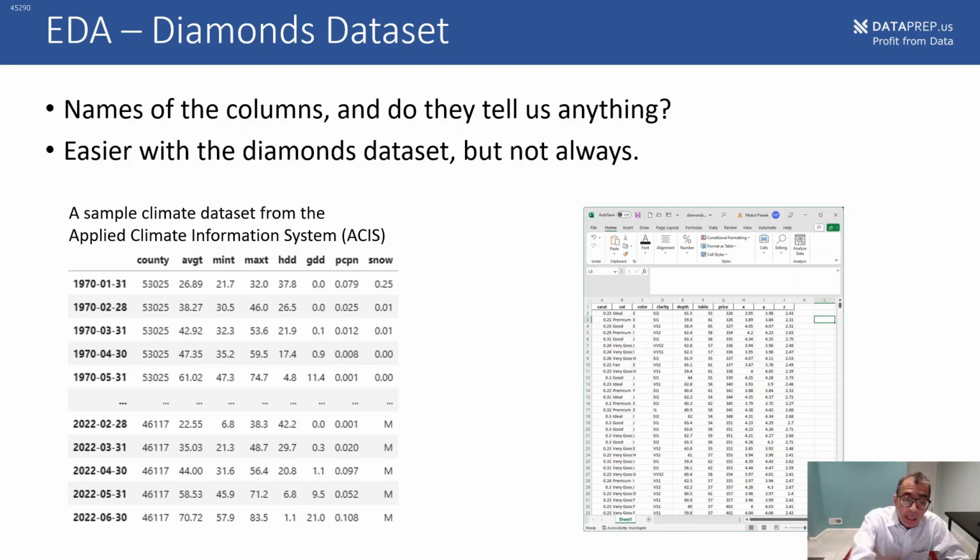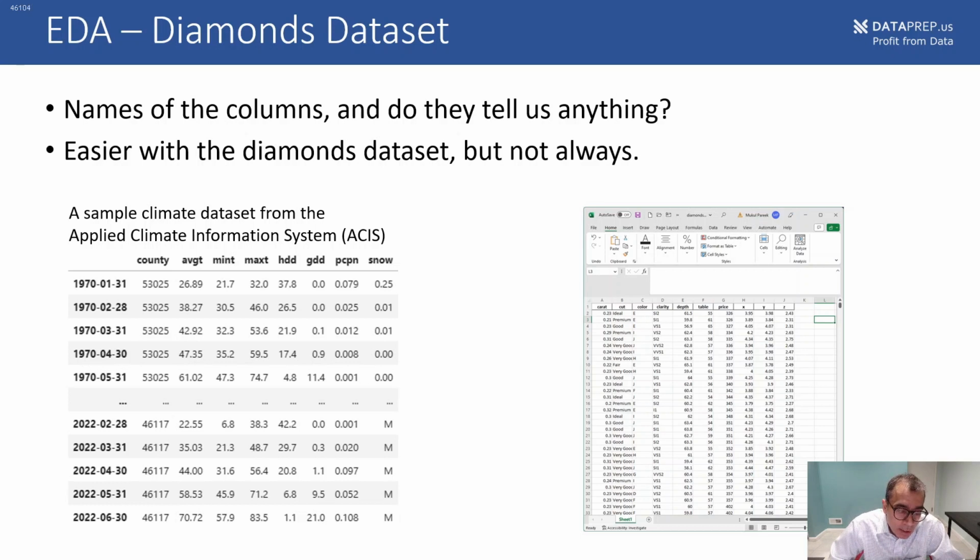As I mentioned, the names of the columns sometimes can tell us a lot about the data in them, but it is always good to ask for the data dictionary to get an understanding of what they actually contain. In the case of the diamonds data set, which appears to the right, yes, we can make reasonably educated guesses as to what the columns contain, but in some other cases, we may not be able to do that.